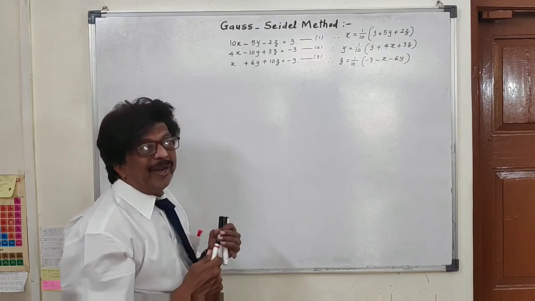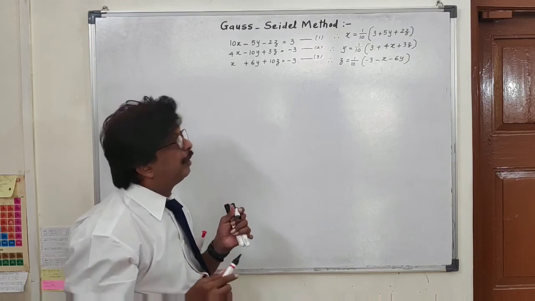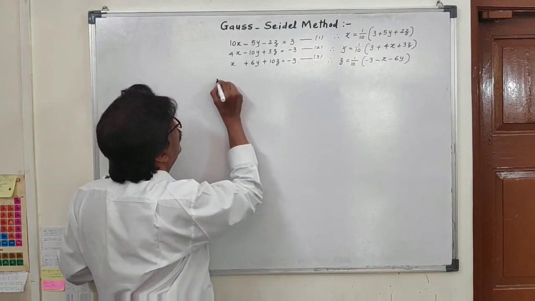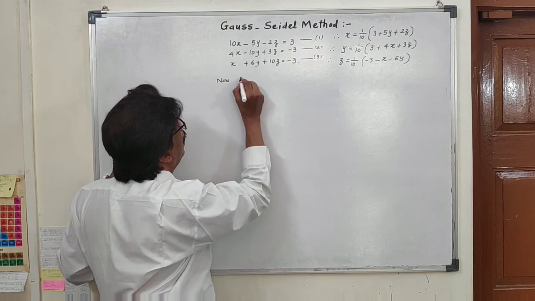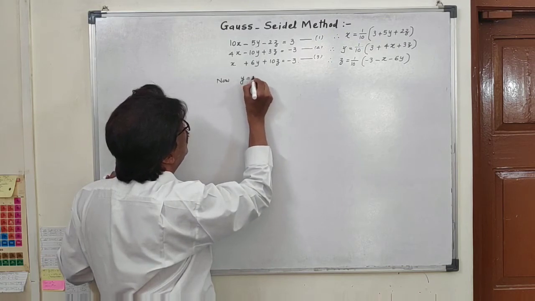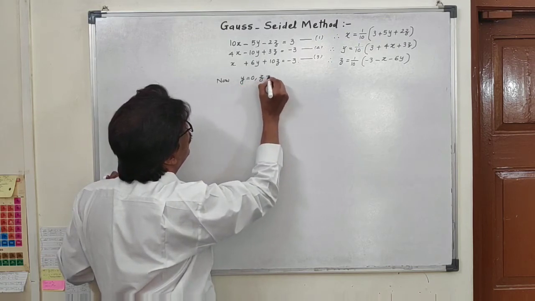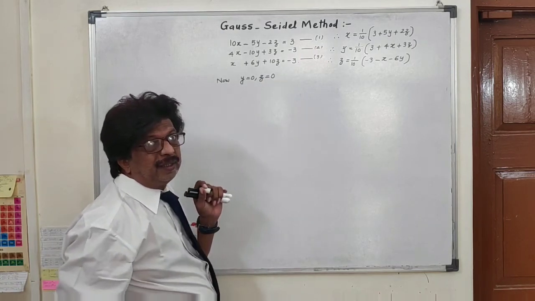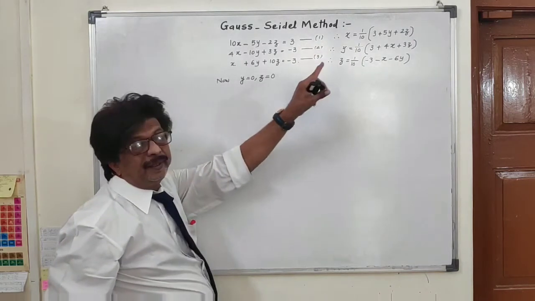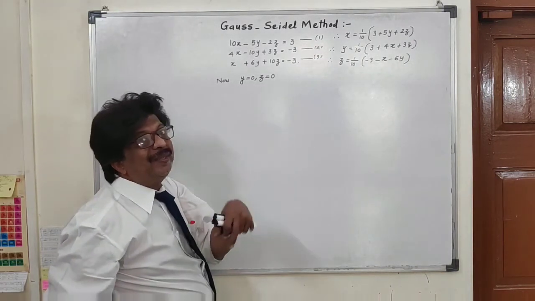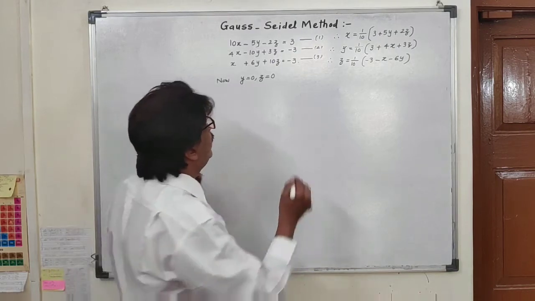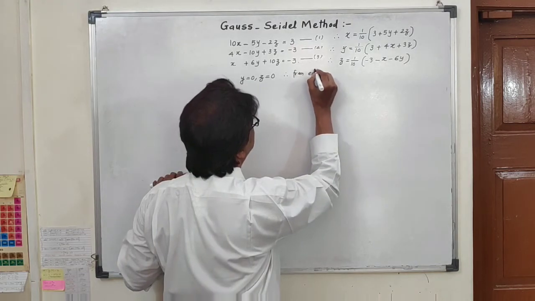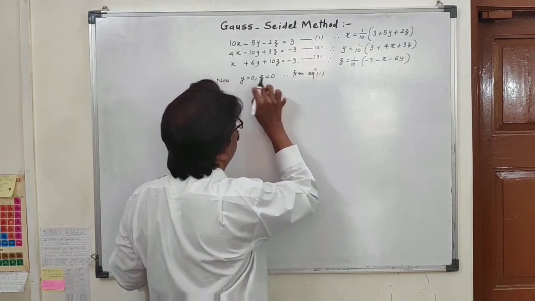First of all, we assume that y is equal to 0 and z is equal to 0. This is step 1. Therefore, from equation 1, put y equal to 0 and z equal to 0.